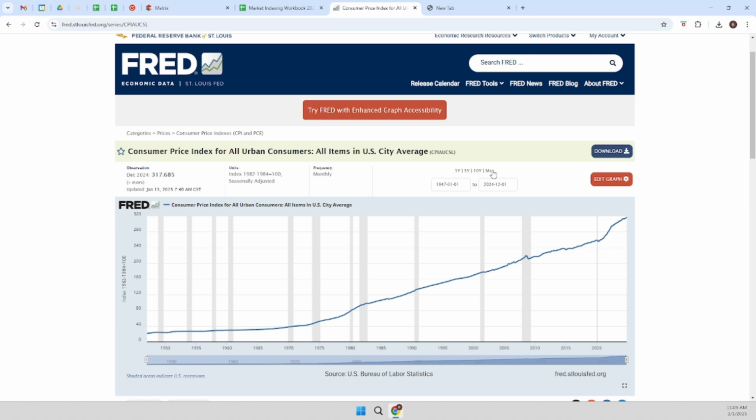I'm going to max that out so you can see it from, I guess it looks like the 1940s all the way to today. The genius of an index is that it makes it really easy to compare moments in time.